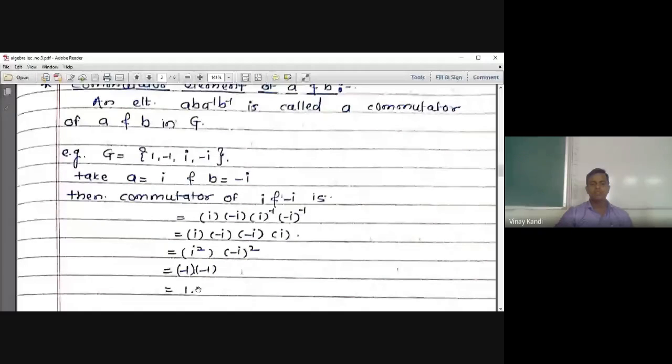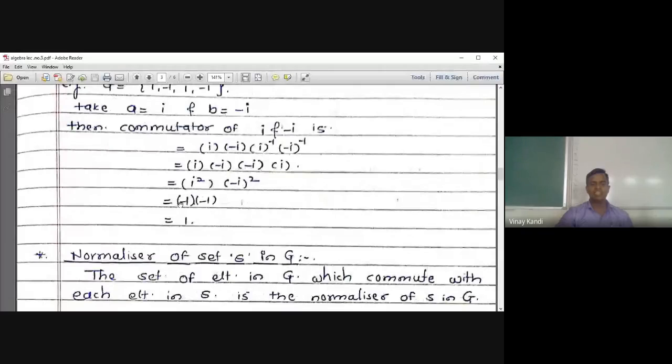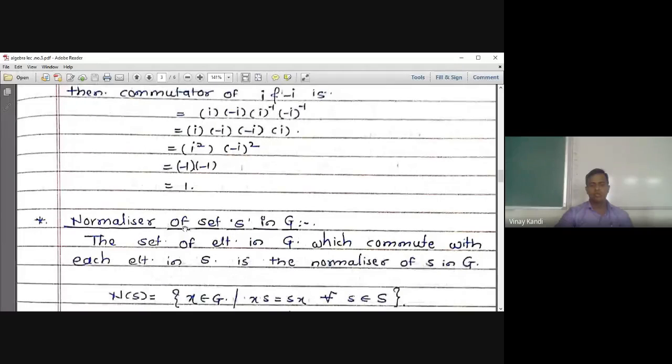The next definition is the normalizer of a set S in G. The normalizer of an element is different from the normalizer of a set.